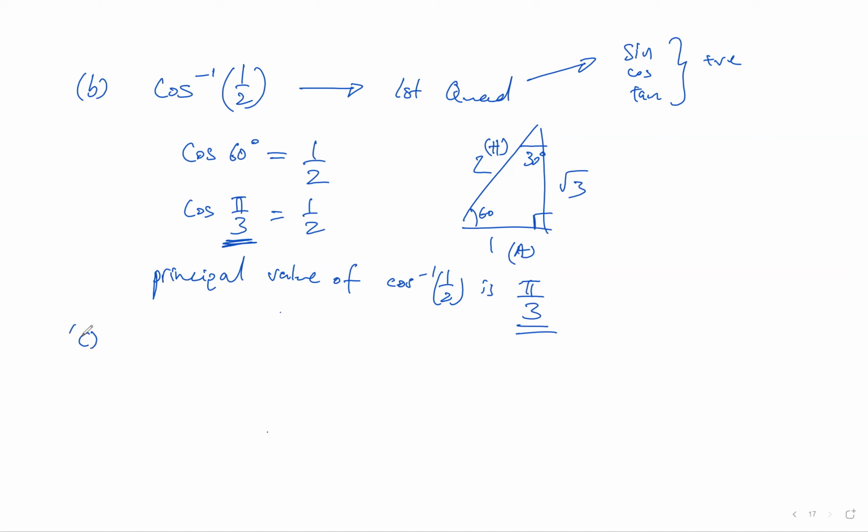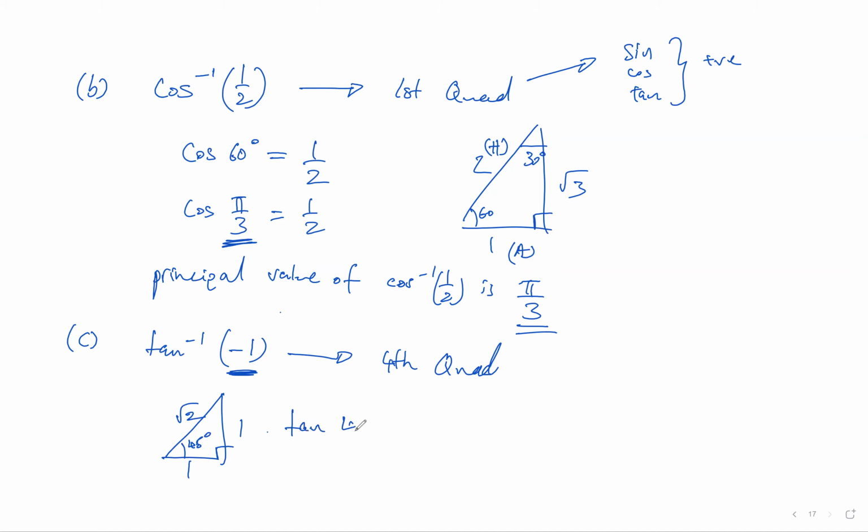One last example: tangent inverse of negative 1. Tangent must be either in the first quadrant or fourth quadrant, but because it is negative, it is in the fourth quadrant. This one is a special ratio, 1:1:square root 2. Tangent 45 degrees will give me 1, so that is pi over 4.